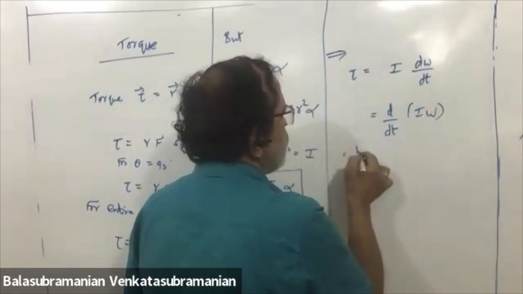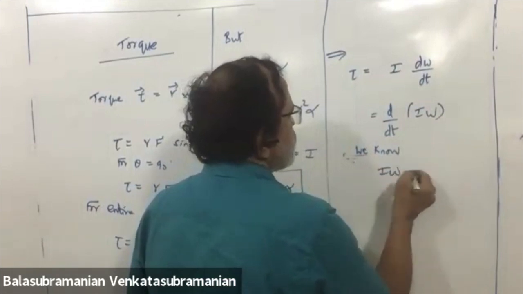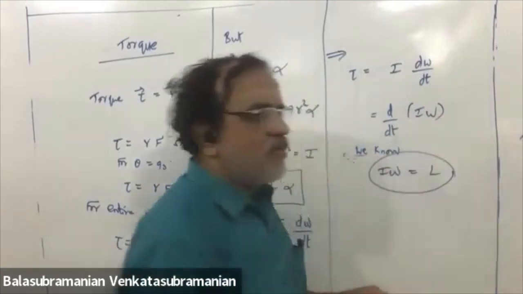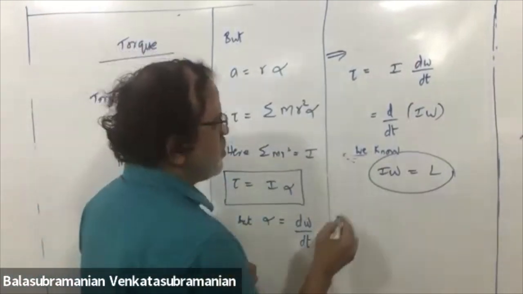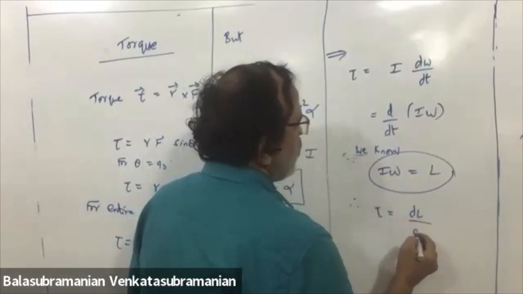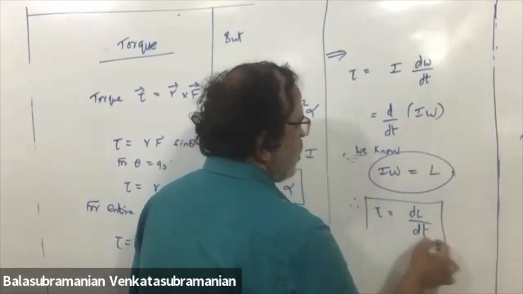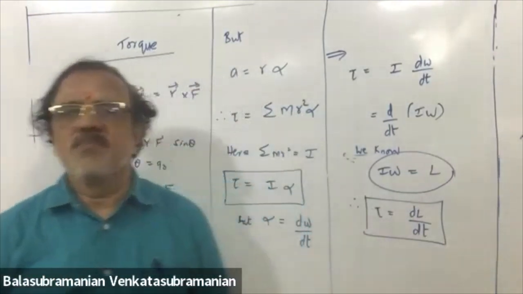We know angular momentum is L. L is equal to I omega. So I can write tau is equal to dL by dt, rate of change of angular momentum is equal to torque. Simple.